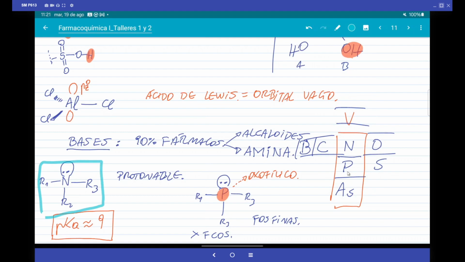Basic phosphorus, theoretically, someone will say, has the electron pair, yes, but it is not good, with exceptions, because it is not good at protonating. The explanation is that phosphorus is much larger than nitrogen, and therefore its ability to hold a proton is smaller. This electron cloud, this orbital with this pair, is large and makes a bad coupling with the 1s orbital of a proton.